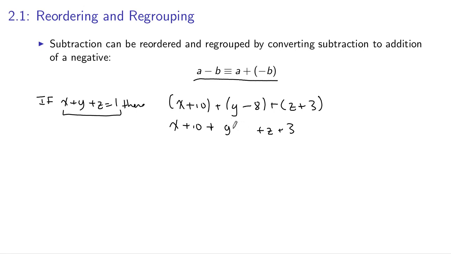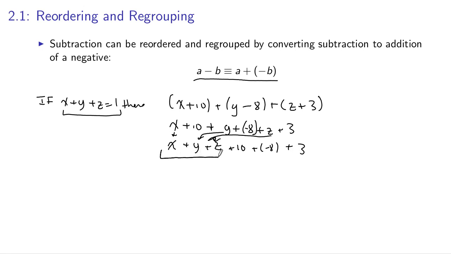So let's make this a plus negative 8 to deal with the minus sign. Now we can freely reorder the additions. So we can do x plus y plus z. So x came from here, y from here, z from here. And now plus 10 plus negative 8 plus 3.